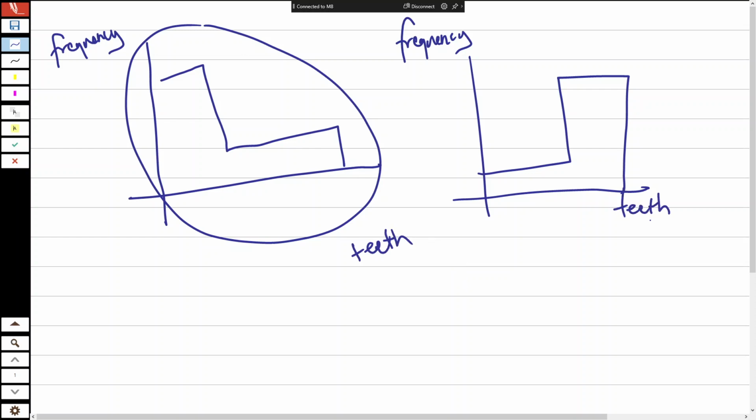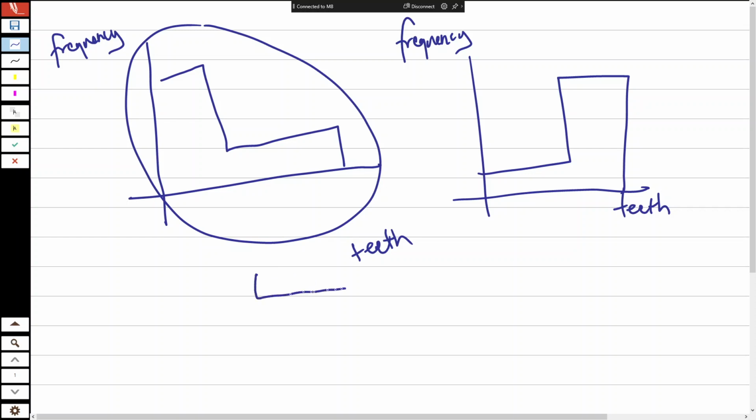Do we have more teeth in the lower values or the higher values? The lower values, okay. So does that mean it's negatively or positively skewed? Why does it mean it's positively skewed? Because of larger range. Very good.